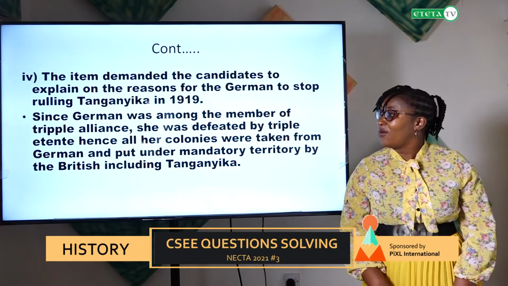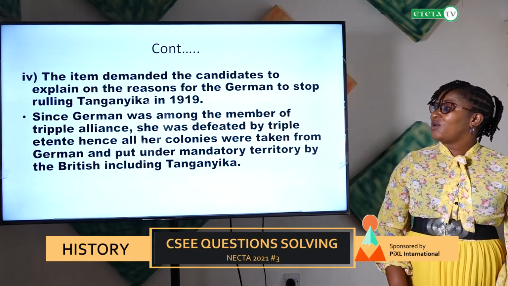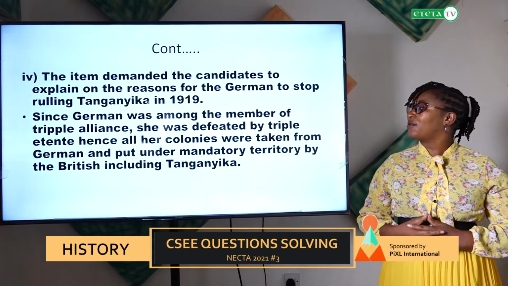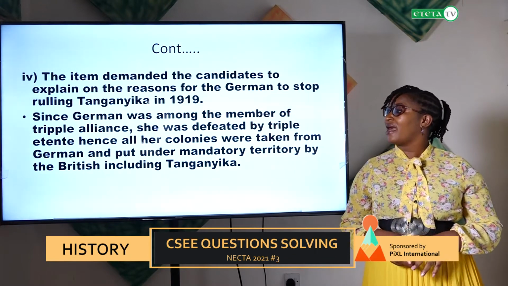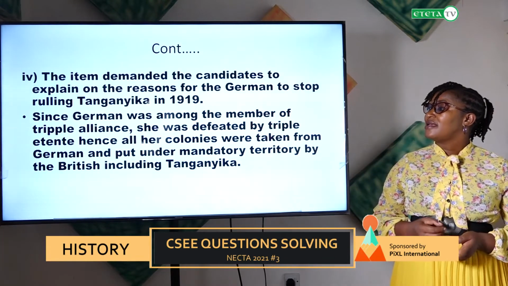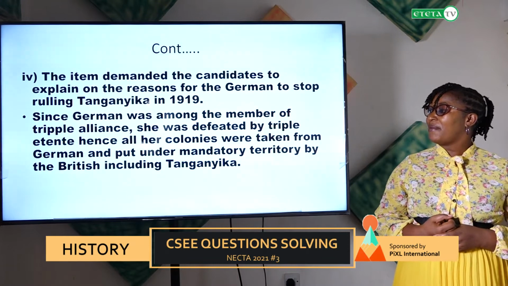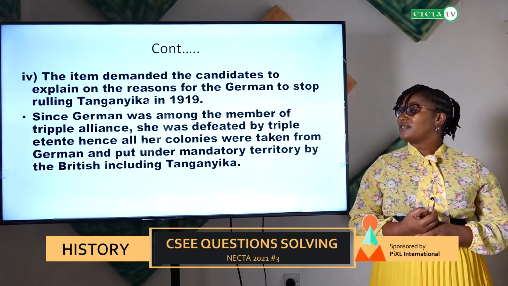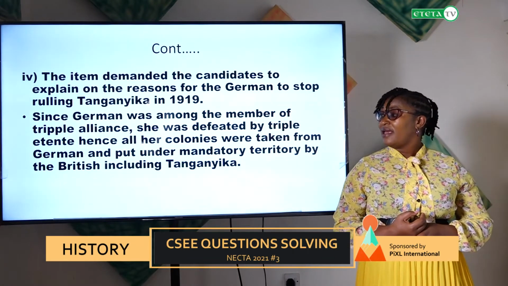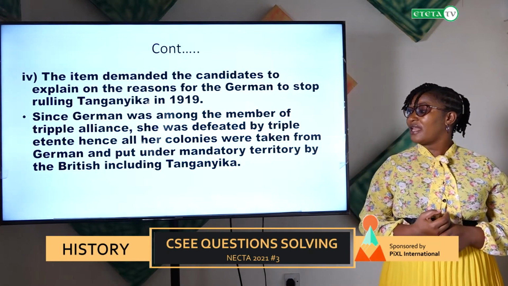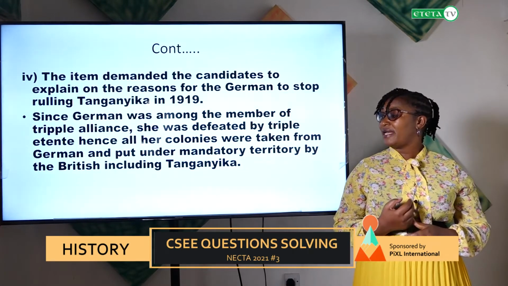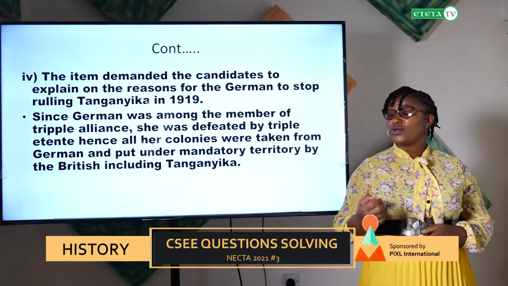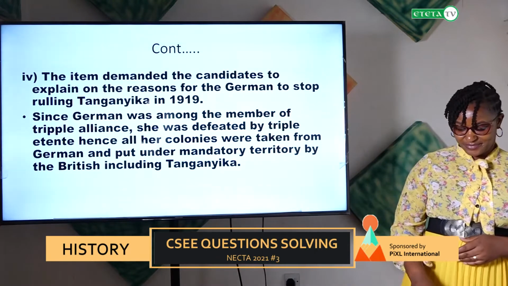Item number 4 demanded the candidates to explain the reasons for the Germans to stop ruling Tanganyika in 1919. Since Germany was among the members of the Triple Alliance, she was defeated by the Triple Entente. Hence, all her colonies were taken from Germany and put under mandated territory of the British, including Tanganyika.